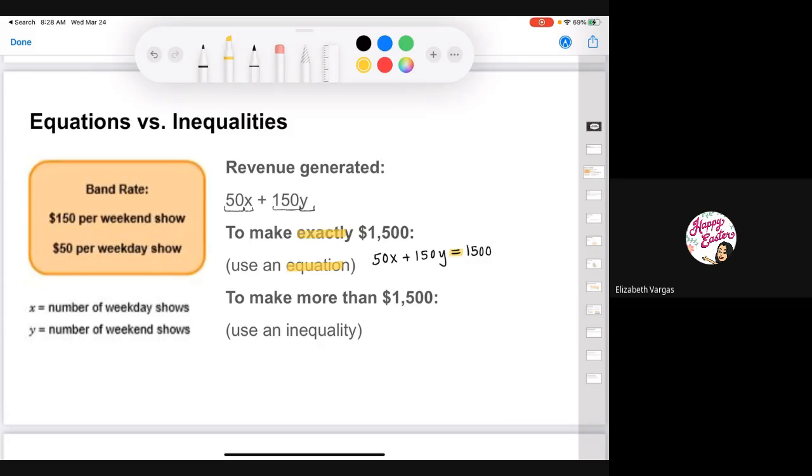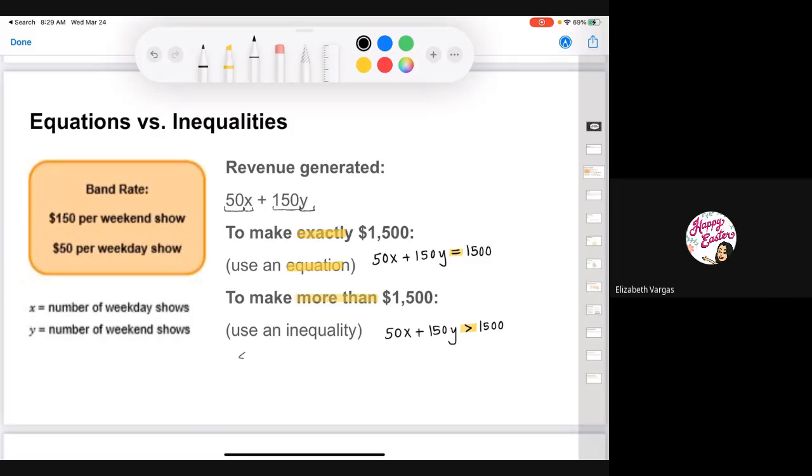So, for example, how many weekend shows and weekday shows do they have to do to make more than $1,500? Well, we take our original equation, and that original expression needs to be greater than $1,500. Okay, so that's when we would use an inequality.